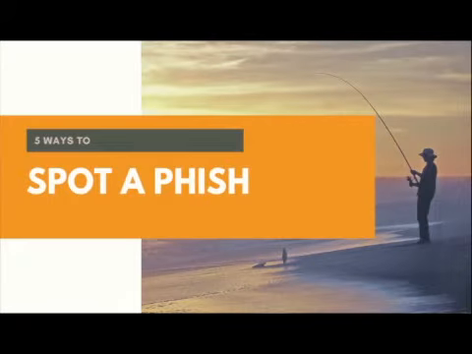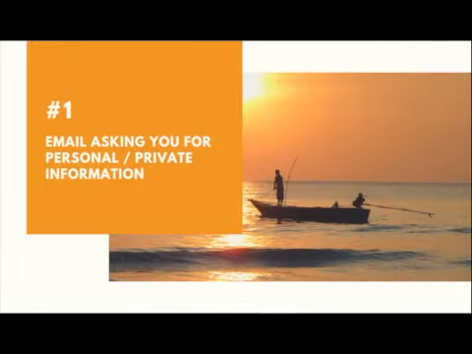So there's 5 ways that you can spot a phish. Well, there's more, but we're going to highlight 5. The first way is an email that asks you for any kind of personal or private information. So they want you to fill in your social security number, your date of birth, any banking info, credentials to any account you have.